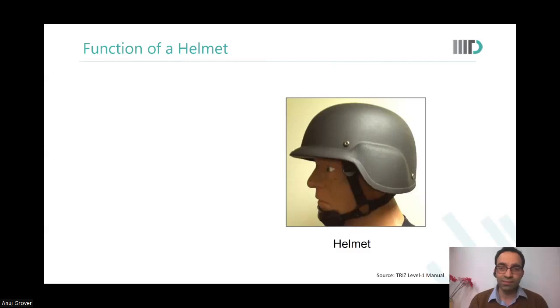Helmet is the function carrier. What is the object of the function? The head of the soldier. So what parameter of the head has changed? Safety. So it's maintained. The safety is maintained of the head. Safety is enhanced.